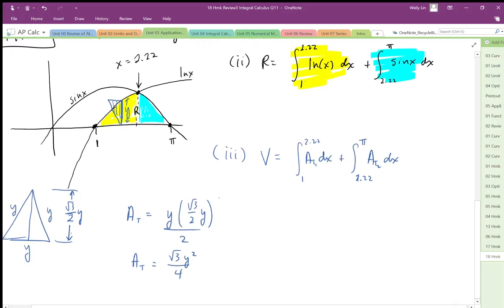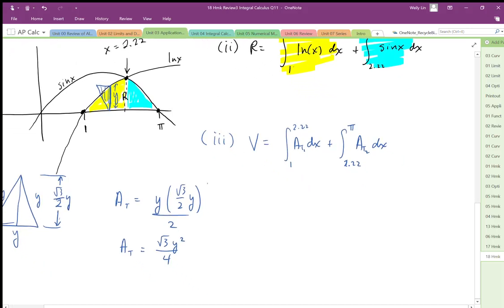Regardless of which side we're on, the area is based on that. The y value is different depending on which region, yellow or blue, we're dealing with, but the area of the equilateral triangle can be found that way.